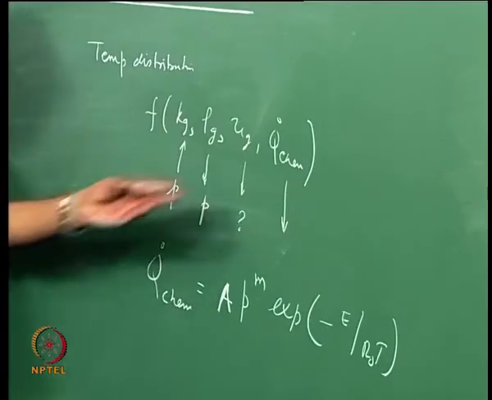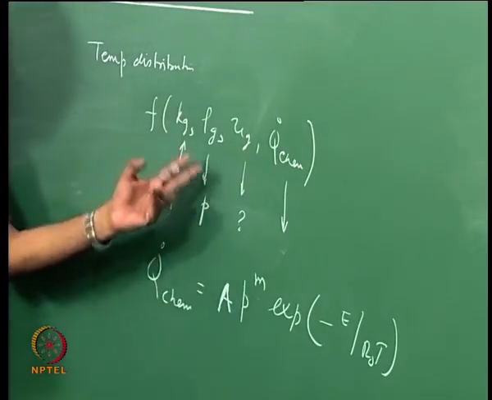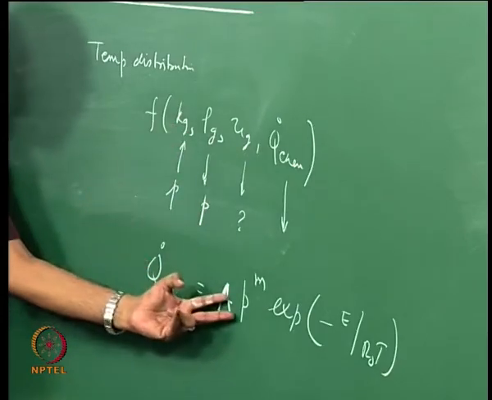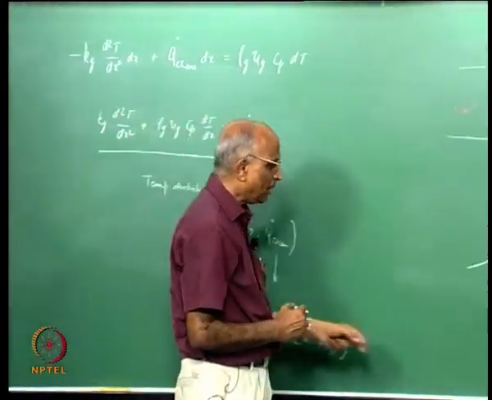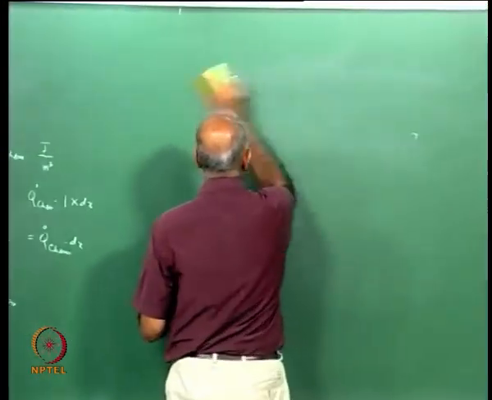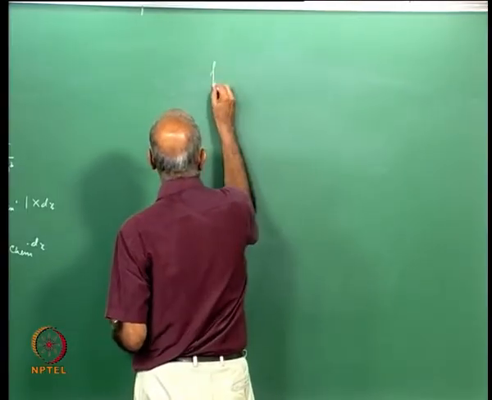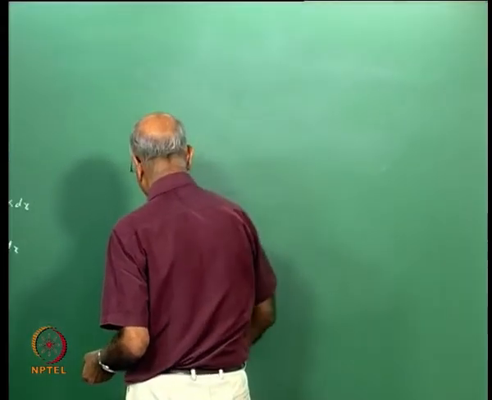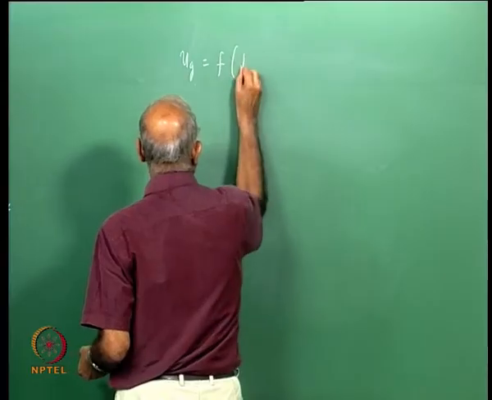Therefore, I find, well, Q chemical is a strong function of pressure, rho g is a function of pressure, the thermal conductivity is a function of pressure. Therefore, I can overall say, well, my Ug, whatever I am going to get or what I wanted to solve using this particular equation, let us put it down, Ug is what I want, will be a function of pressure.